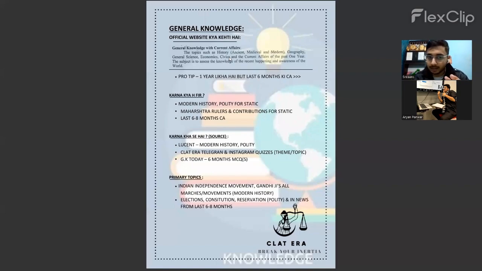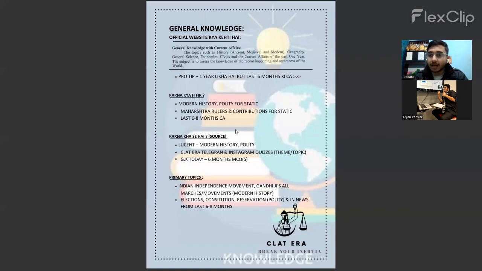Okay. So we have seen what to do: modern history and polity for static, which will cover your major portion. Maharashtra, as we saw in legal GK, it is sure that some questions here and there will come from the Maharashtra part. Like last year, I remember when I was attending MH CET, in the first morning shift there was one question on Sambhaji Maharaj or something.